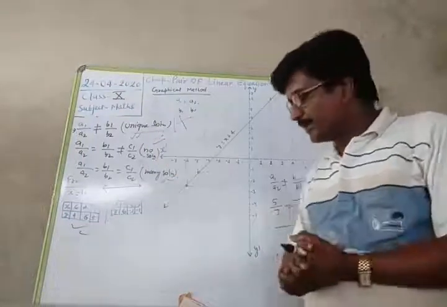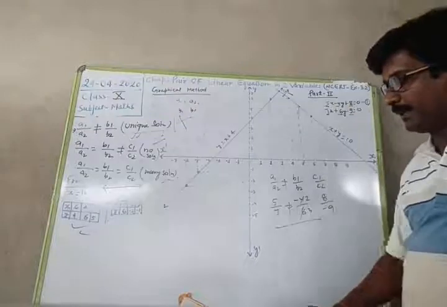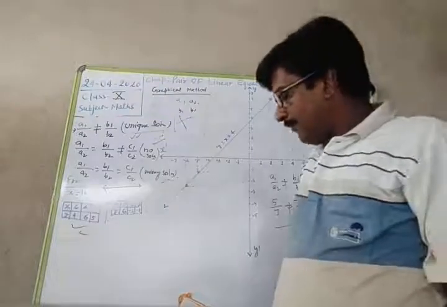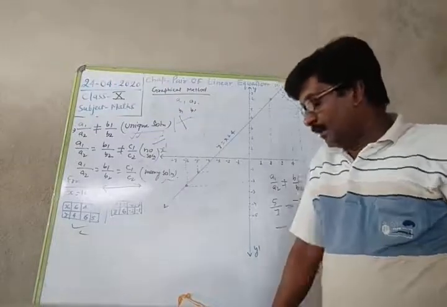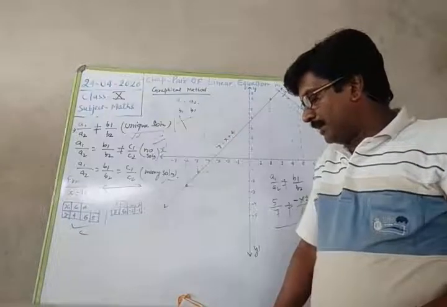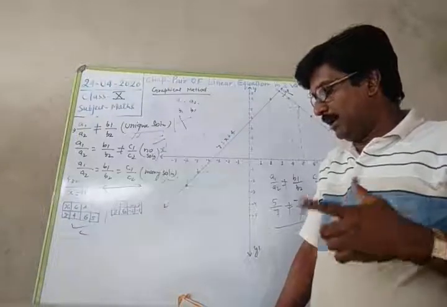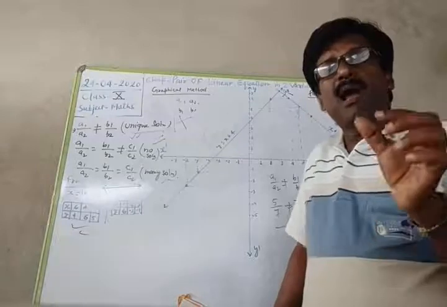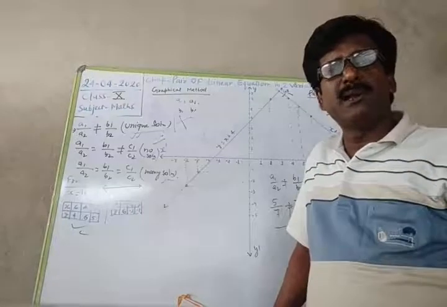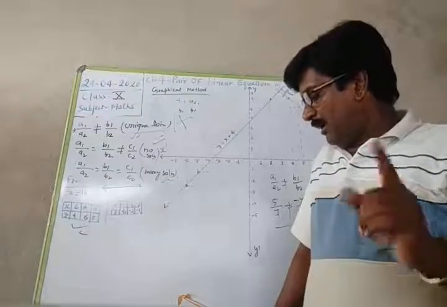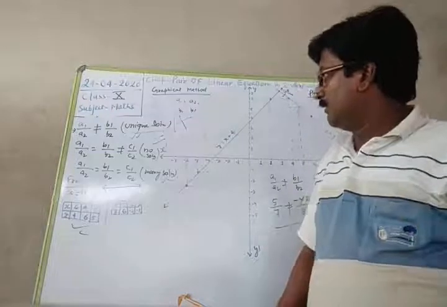Okay, so see, question number 5 is given: half the perimeter of a rectangular garden, whose length is 4 meter more than its width, is 36 meter. Means half of the perimeter is 36 meter and the length is 4 meter more than the width, or breadth.